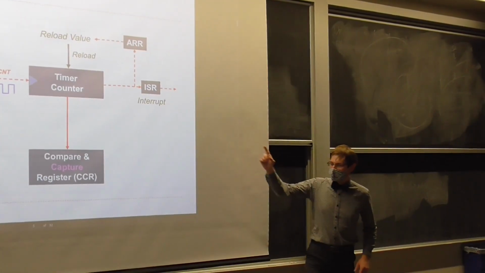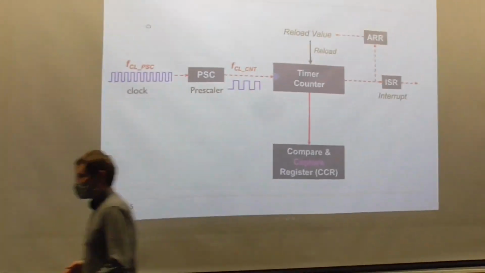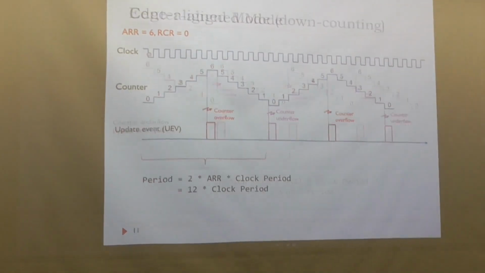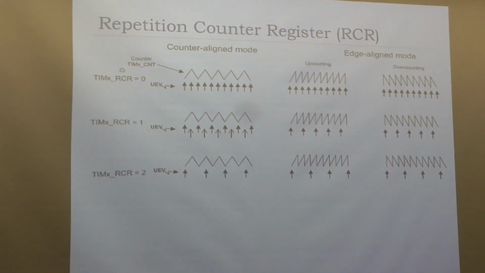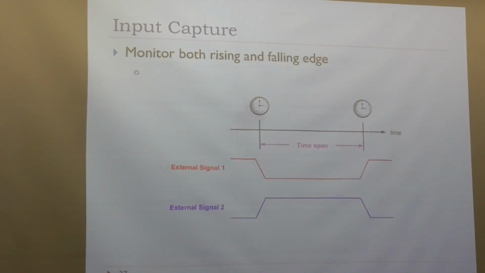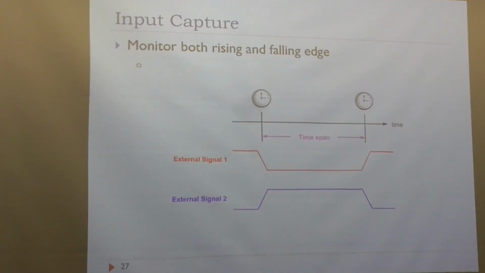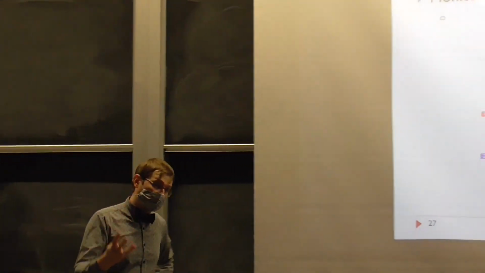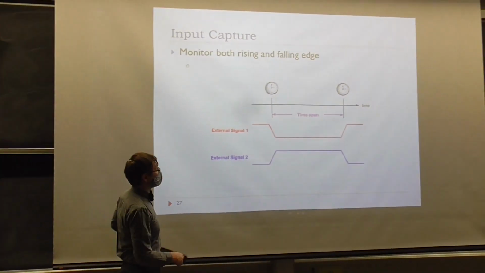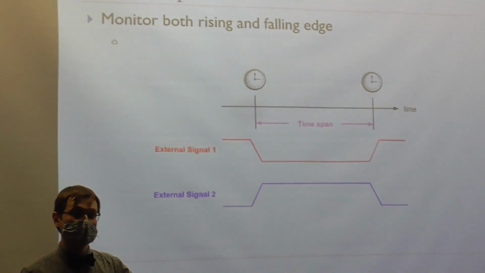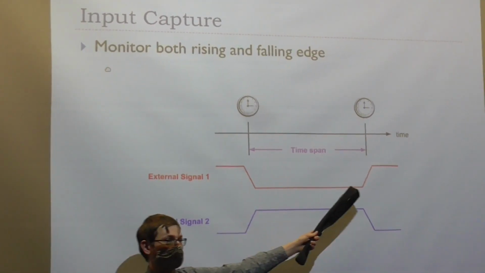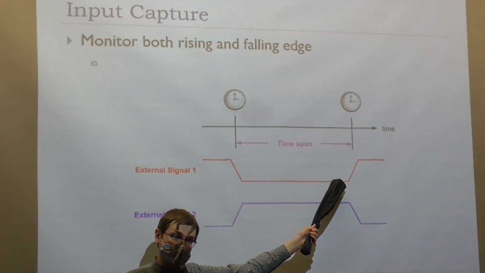But anyway, so that's your rough overview of what we've been talking about so far. So let's talk about the actual input capture process itself. Essentially, there are 4 different modes which you can use to time things, right? You can wait for a falling edge and then time from the falling edge to the rising edge.